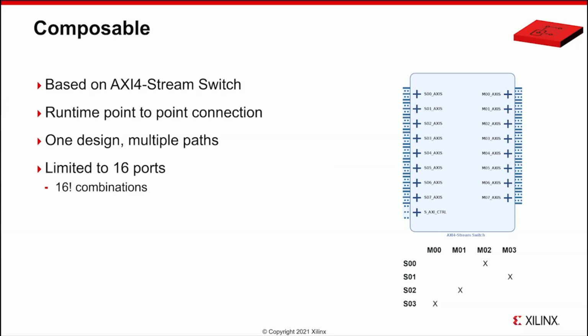This means with one design, we have multiple concurrent software programmable paths. The AXI4-Stream Switch is limited to 16 ports. However, this gives us a total of 16 factorial possible combinations. The AXI4-Stream Switch is a game changer and is the key to our runtime composability.